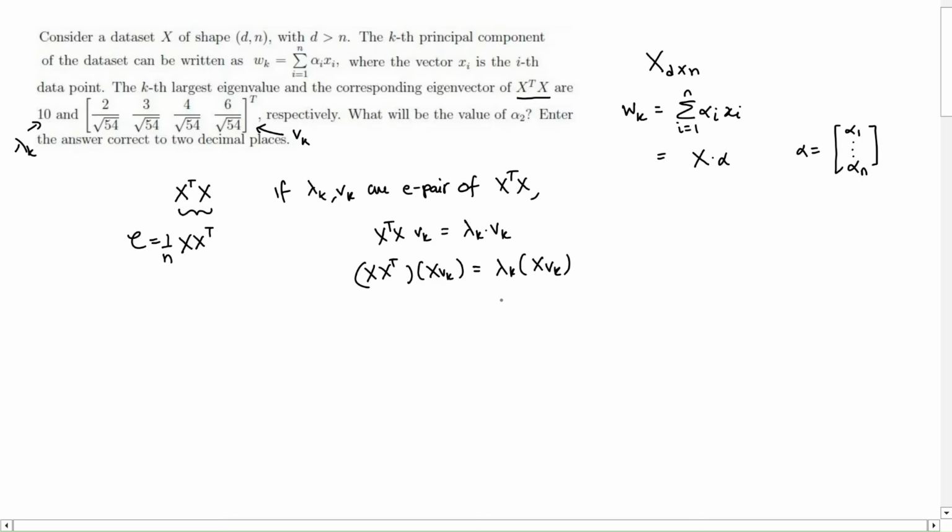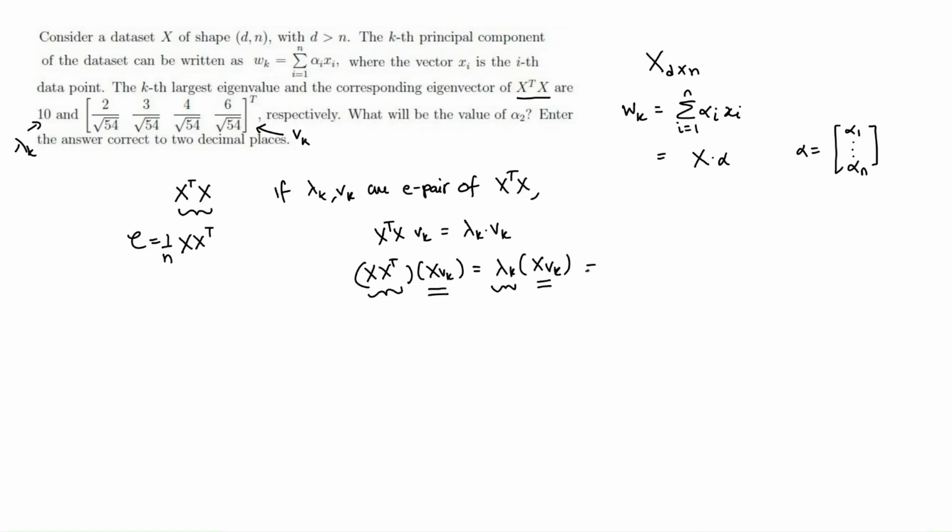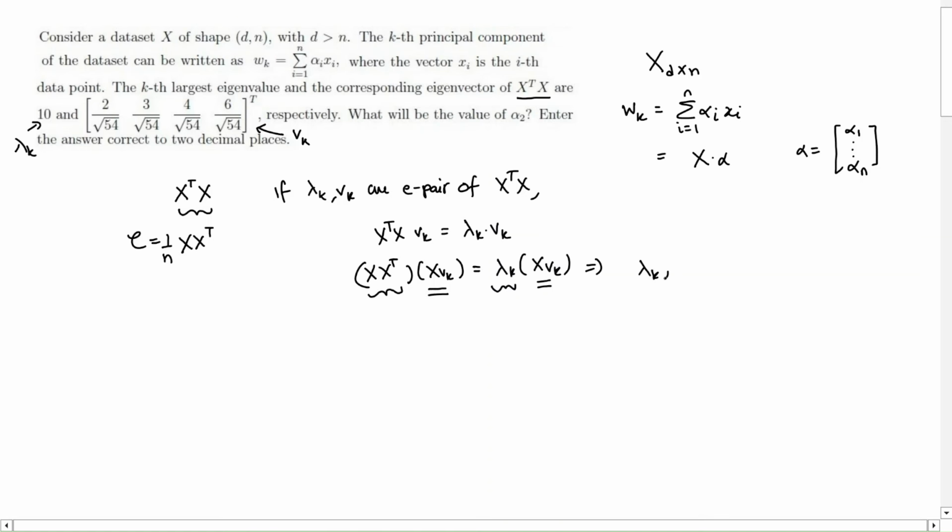Now what does this mean? This means that X vk is an eigenvector of this matrix XX transpose corresponding to the eigenvalue lambda k. So this means that lambda k comma X vk is an eigenpair of XX transpose.